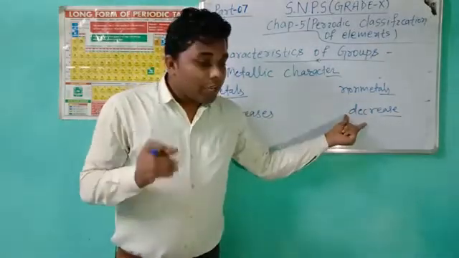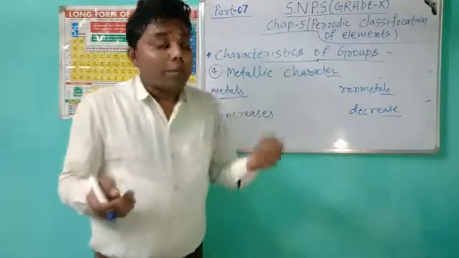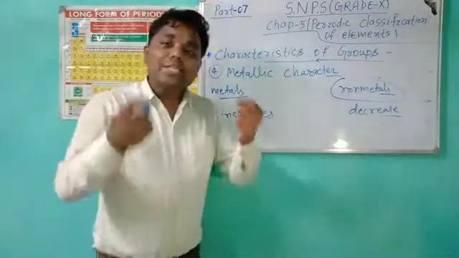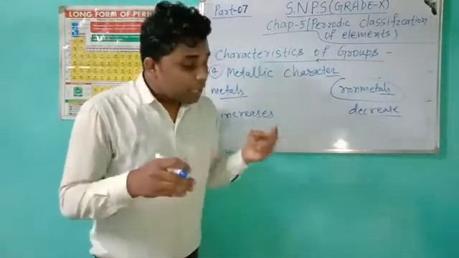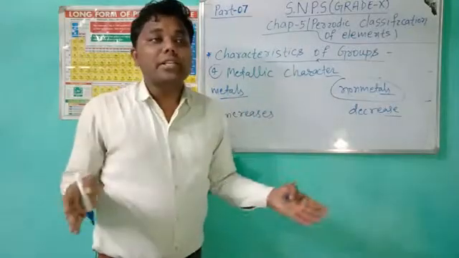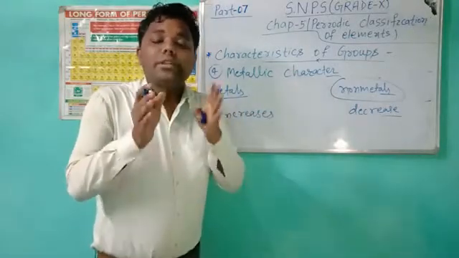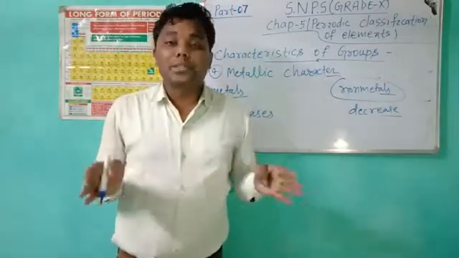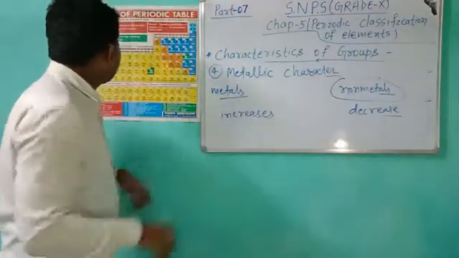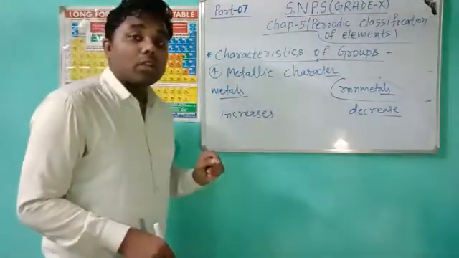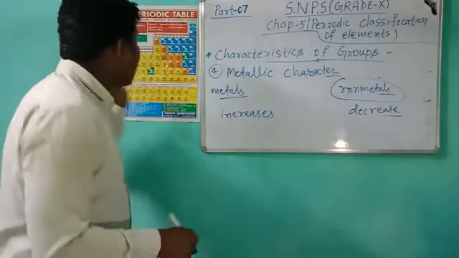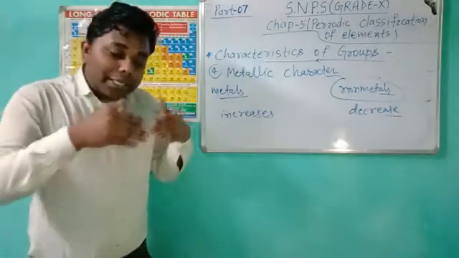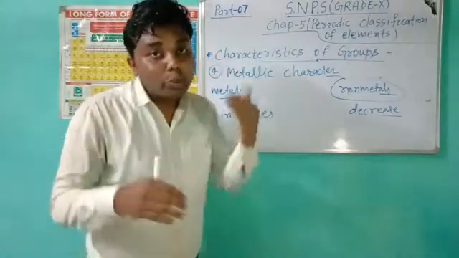And when we talk about non-metals, because non-metals simply accept electrons, when the size increases, the tendency to gain electrons decreases. So in the first group, lithium, sodium, potassium, rubidium, cesium and francium, the tendency to lose electrons increases when we go downward.